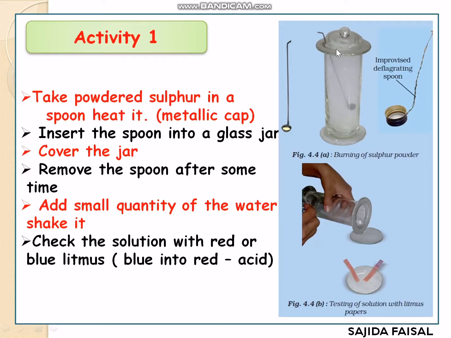Then take the metallic cap outside, add a little water into the jar, shake it well and take the solution. If you check with blue litmus paper, it changes into red, showing that it is acid.